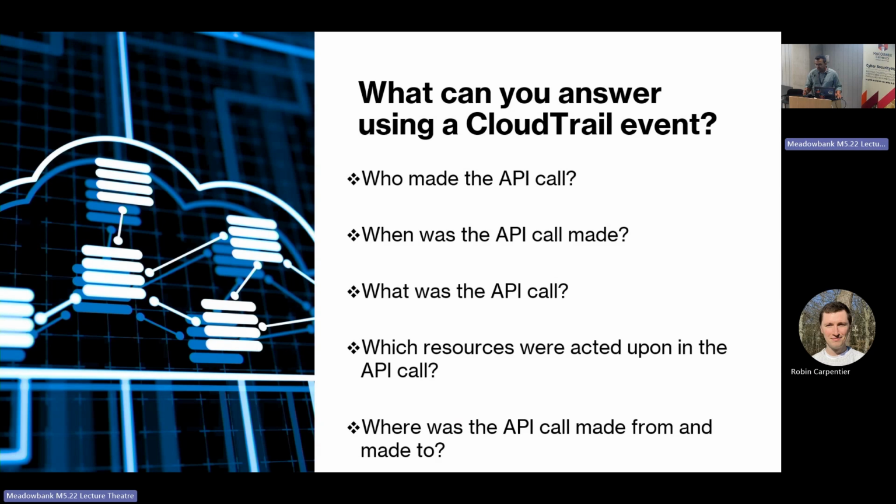Which resources were acted upon? So what's the EC2 instance ID? What's the region and so on? And where was the API call made from and made to? So the user agent and the source IP address. The user agent could be a browser like Mozilla Firefox, or it can also be a CLI, SDK, whatever it is.